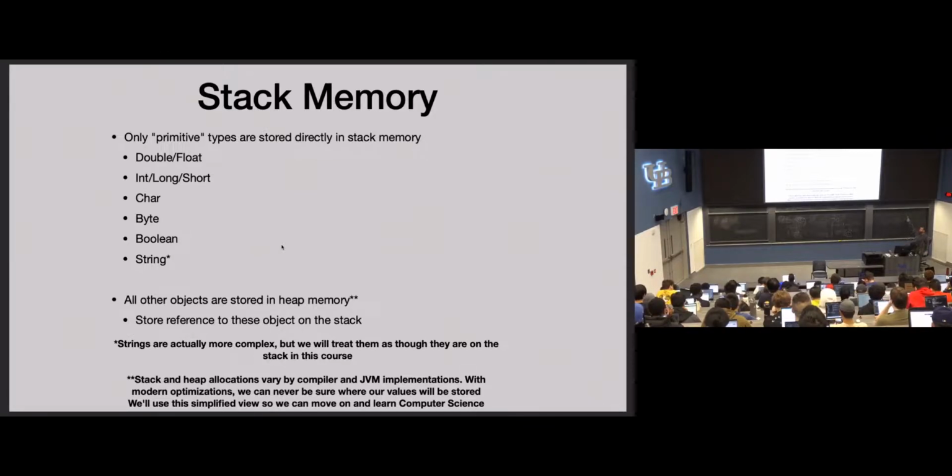So we're going to draw our memory diagrams the way they behave, so we can learn computer science, learn the underlying concept, and not get caught up on, well, technically this version of the JVM actually puts this value over here and whatnot. We're not going to play those games. I want you to know the concept of memory, stack, and heap, and not get bogged down with the details. That's also why strings go on the stack.